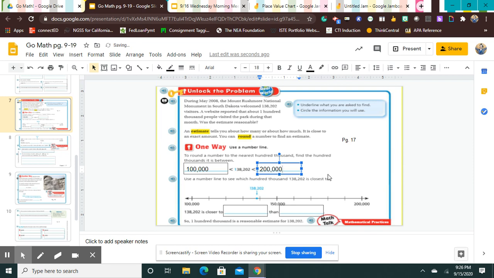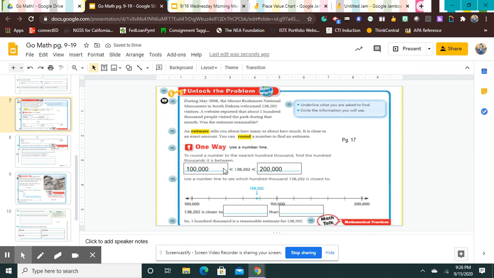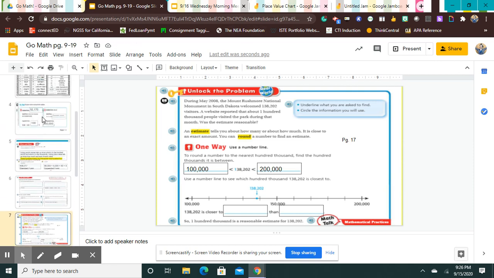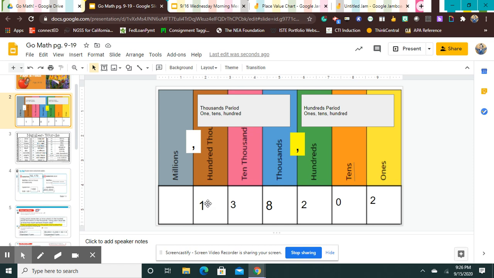So the nearest 100,000. So is it going to be the place value that I'm already in? Or am I going to move up to 200,000? Which one's closer? Is my number closer to 1 or to 2?